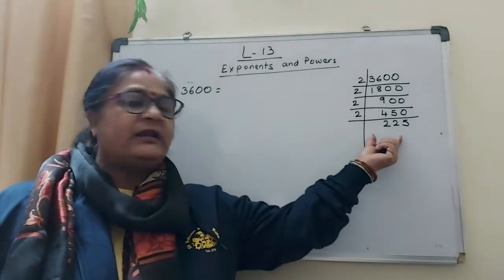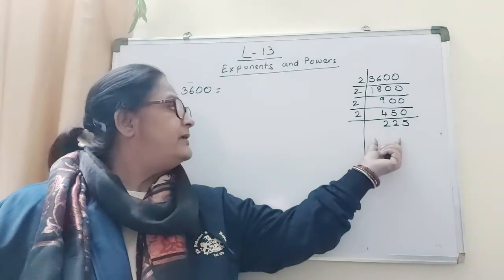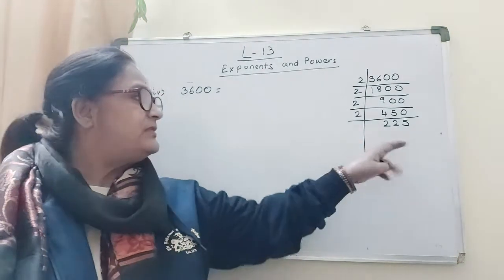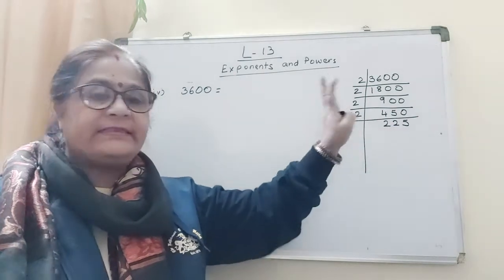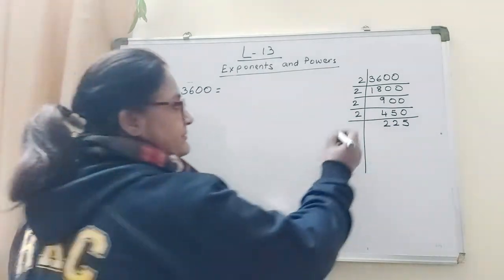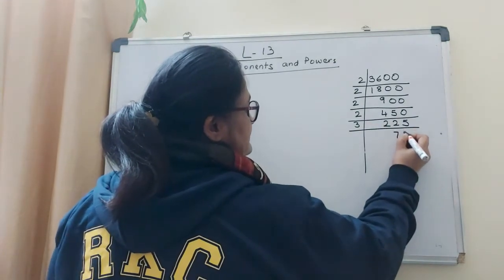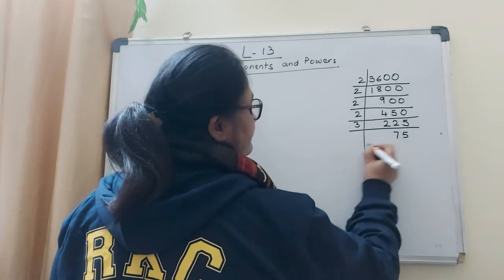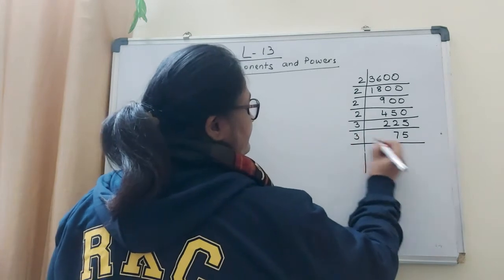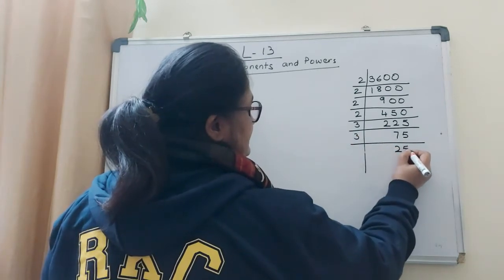Now this is an odd number, so it cannot be divided by 2. So let us try it with 3. 5, 6, 7, 8, 9. 9 comes in the tables of 3, so this is divisible by 3. 3 sevens are 21, remainder 1, 5. 3 twos are 6, 5.